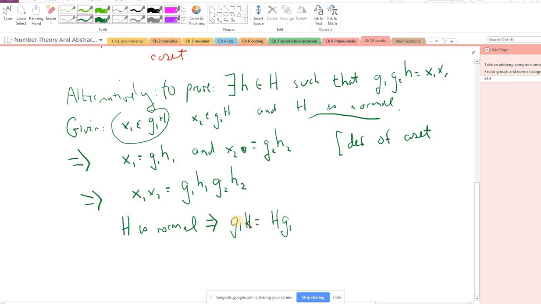Even now, what this is doing is moving h from the right-hand side of g1 to the left-hand side of g1. So what you're saying is that even though the individual components gh and hg are not the same, when you finish and composite all of the elements of H with g1, they will ultimately be the same.